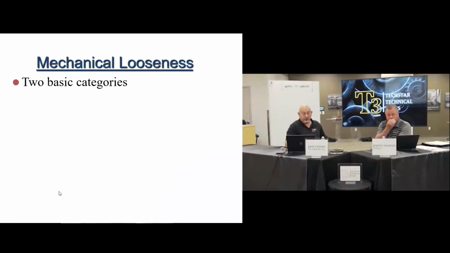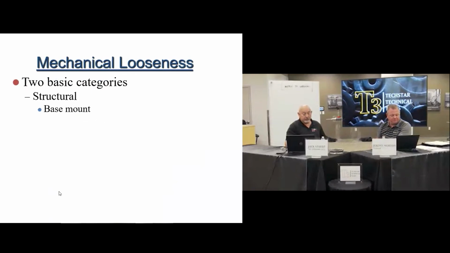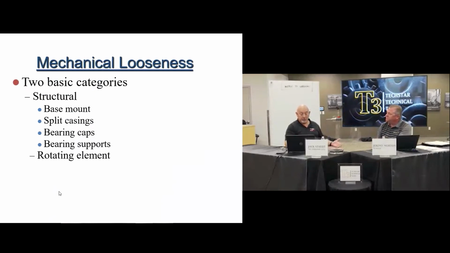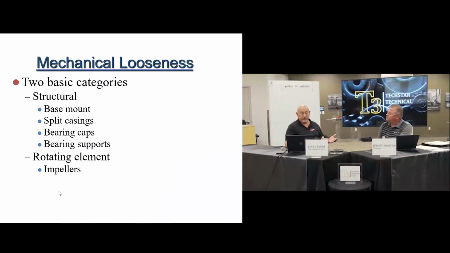So we have two basic categories for mechanical looseness. We have the structure, which could be base mounts, split cases, bearing caps, bearing supports, and then we have rotating element type mechanical looseness, where impellers could be loose on the shaft. Fan blades, same thing, or fan hubs. Bearings could be loose in the housing.